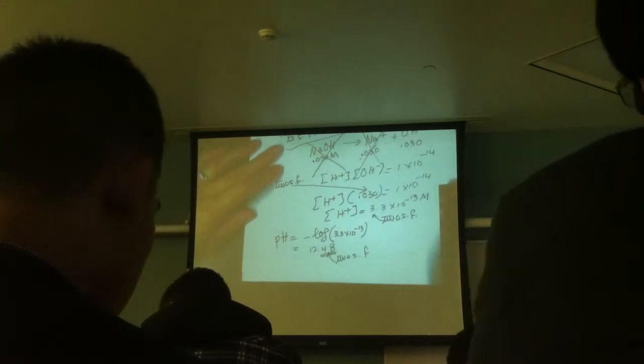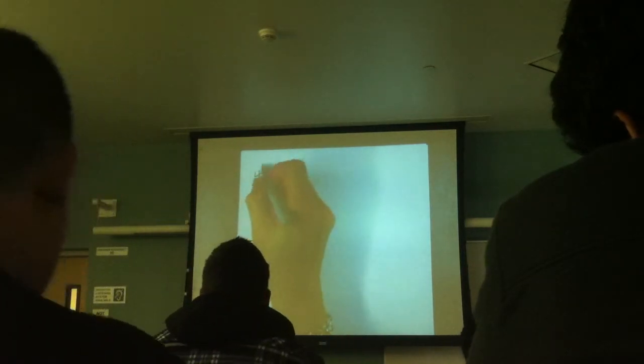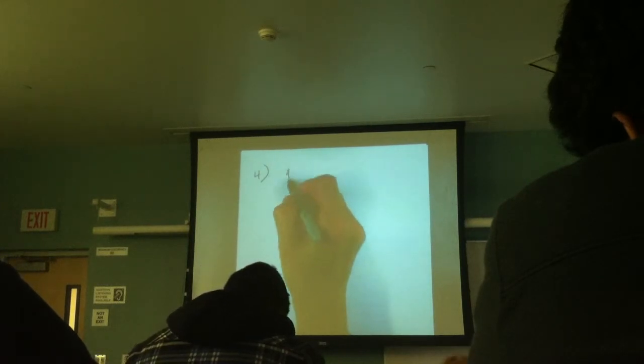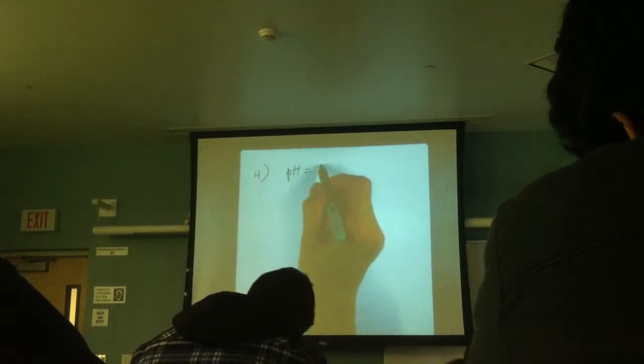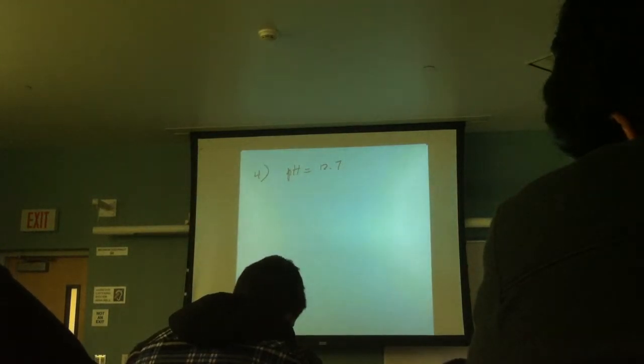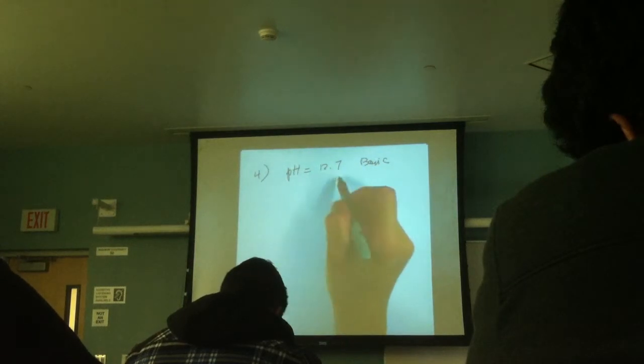Shall we move on? Go to example 3. What is the hydrogen ion when the pH is 12.7? Is this acidic or basic? First tell me. Basic. Thank you. How many sig fig? 1.